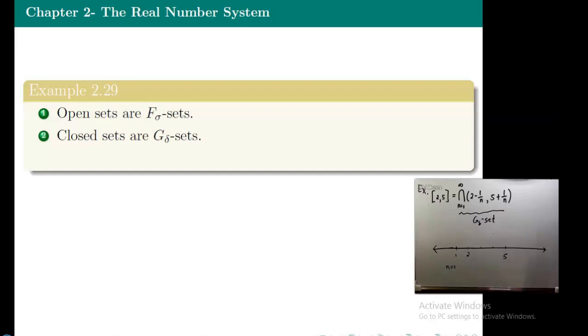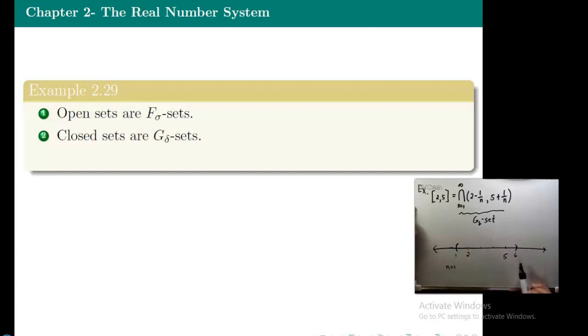Now when n equals 1, 2 minus 1 is 1, so we have our open interval, and 5 plus 1 is equal to 6. So when n is 1, we have the open interval from 1 to 6.